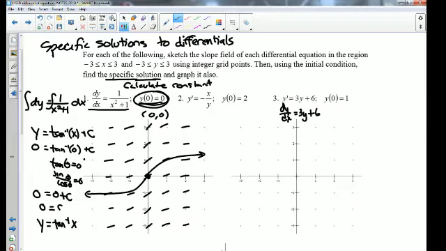What's the slope field look like? If y is 0, really steep. What if y is 1? Steeper. What if y is negative 1?